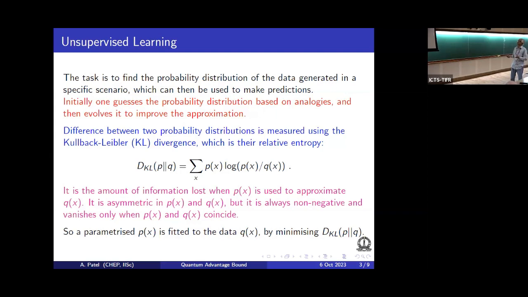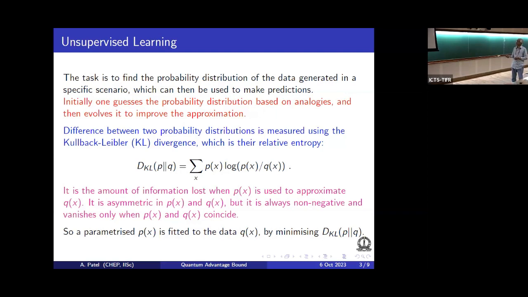By some guess, where some related stuff is given, so there is some analogy, and you can say that this looks like that, so maybe it is in this particular category, and then you improve it by trying to fit the data in a better manner, and things progress in that particular manner.